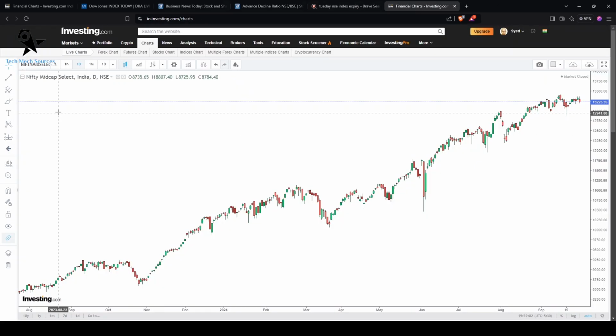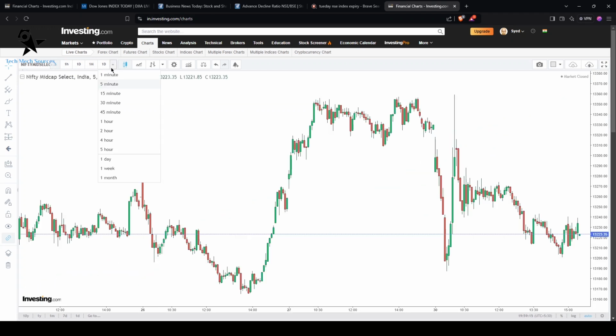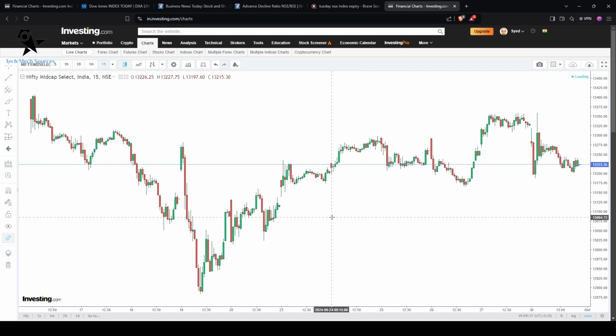Here, if you see Nifty Midcap Select, I discussed today how you're going to deal with this. So let me show you a 15-minute chart of how this moved on the 25th today.